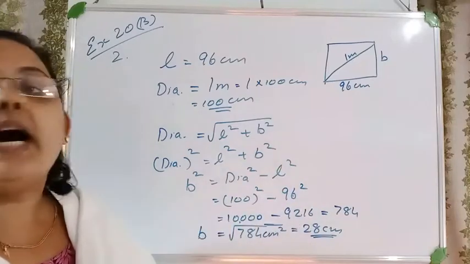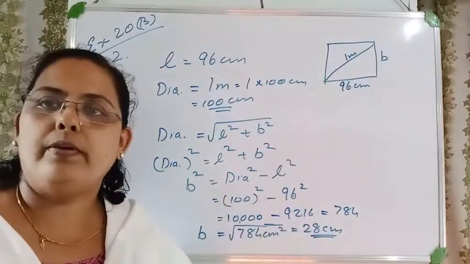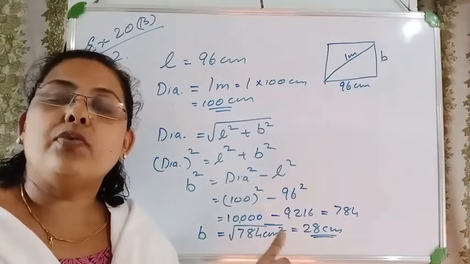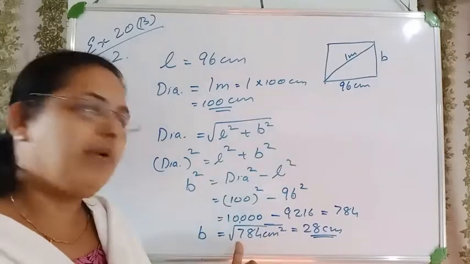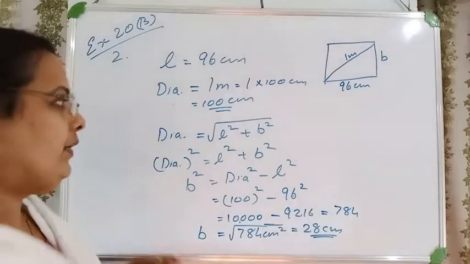And now what they asked us is to find the area of this board. It is not the breadth that they have asked us. They asked us to find the area. For finding the area only we found this breadth, because area is equal to length into breadth. So I'll do it here.